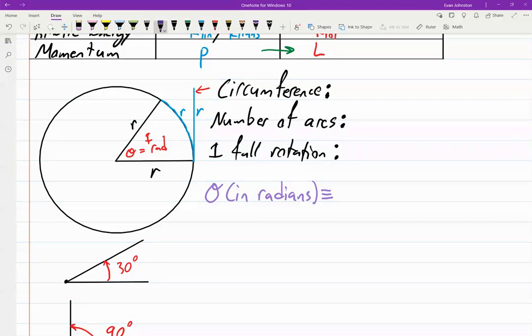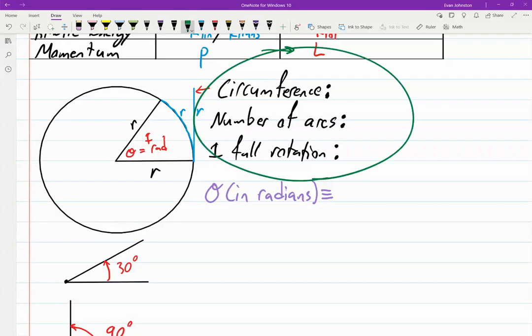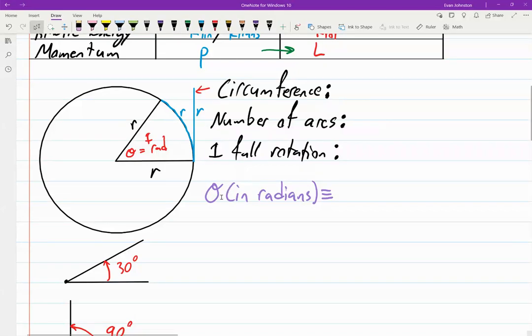And so what we're going to do here is to actually, well, we're going to define it. I'm going to leave this stuff blank for a minute and go down to saying that theta in radians, I'm looking at this purple part now, has a triple equal sign. This triple equal sign is pretty sick. It means that it is defined to be.